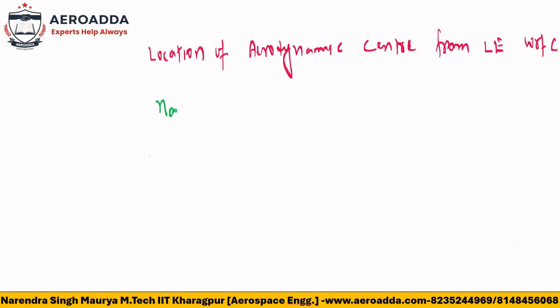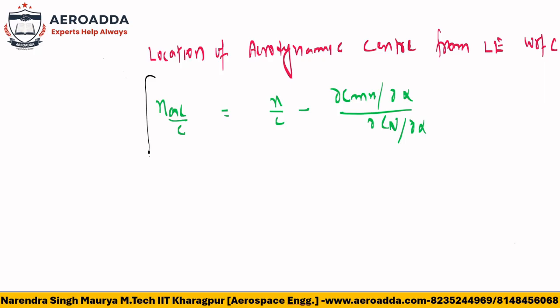It will be x ac by c is equal to x by c minus dou CMX by dou alpha divided by dou CN by dou alpha. Check it, please put it in a box and it should be remembered. Okay, it should be remembered.